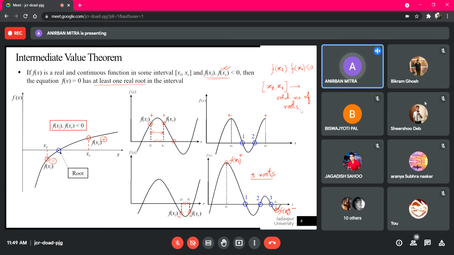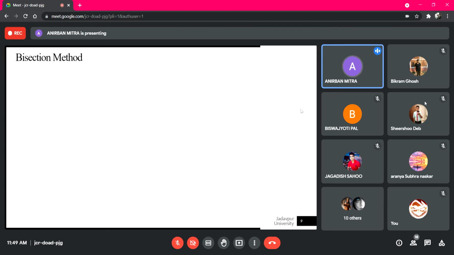I hope this intermediate value theorem is clear to you, because as I said, in the bisection method, this theorem is applied repeatedly. This bisection method is also known as the binary search method. Already mentioned that it is based on repeated application of the intermediate value theorem.